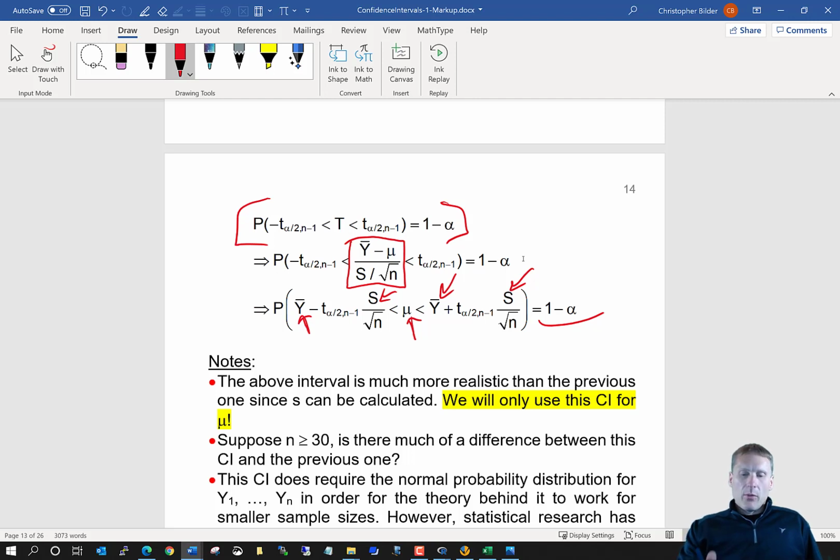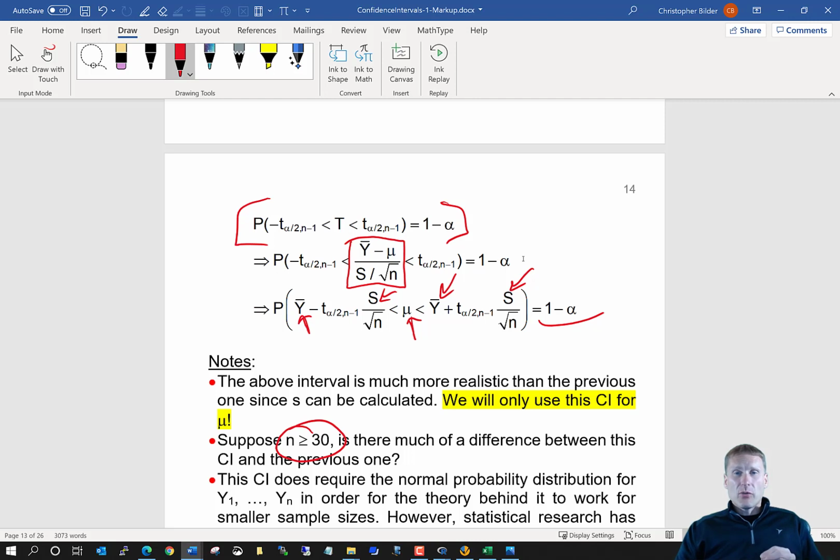So what if n is greater than or equal to 30 here? Is there much difference between the confidence interval that we just stated versus the one that we had using the central limit theorem? In the end, there's not going to be much difference in terms of an actual calculated value, because remember the t-distribution approaches a standard normal as the sample size gets large enough.